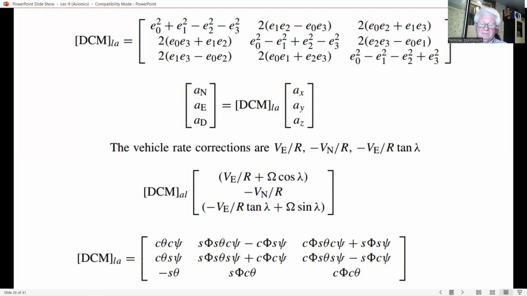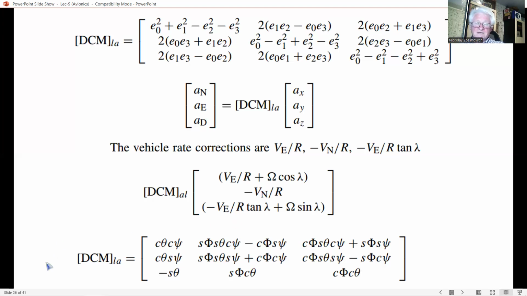These coordinate frame rates are then summed with the aircraft body rates, like P, Q, R, so that the subsequent integration will yield the aircraft attitude with respect to the local NED axis, given the initial condition. The DCM for converting the coordinate frame rates for the Earth rate and vehicle rate from local NED axis to aircraft body axis is given by this last expression at the bottom.